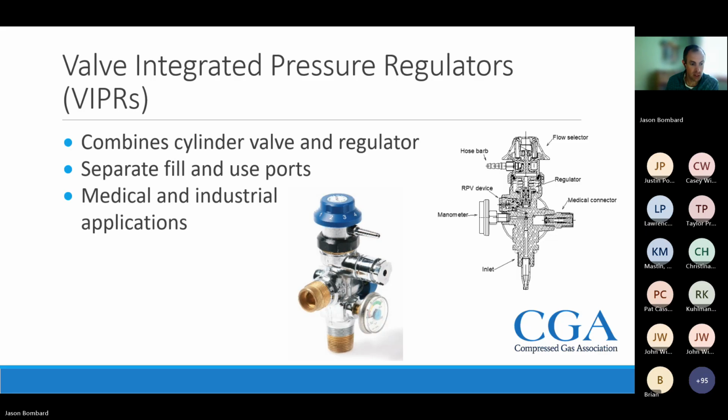So at least in this example here, the medical gas cylinder is filled through this port, and then you've got the regulated gas port here that a hose would be connected to for that person's use. You'll see these in medical. Again, going back to the home healthcare, you'll see a lot of medical oxygen cylinders fitted with Vipers, and they're becoming more common in industrial uses as well for gases like acetylene.